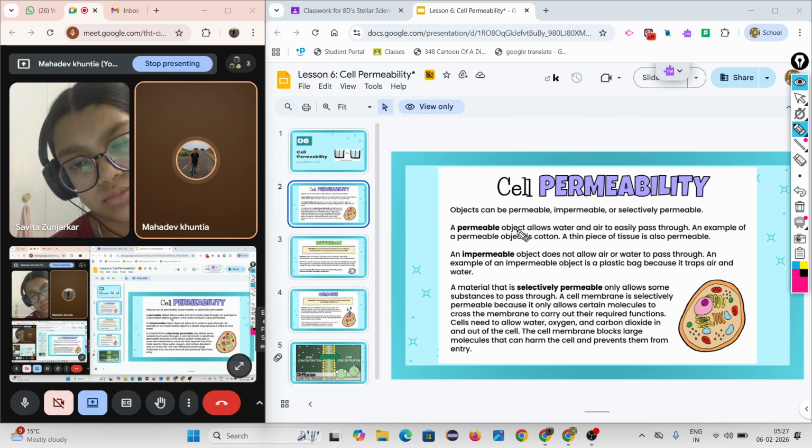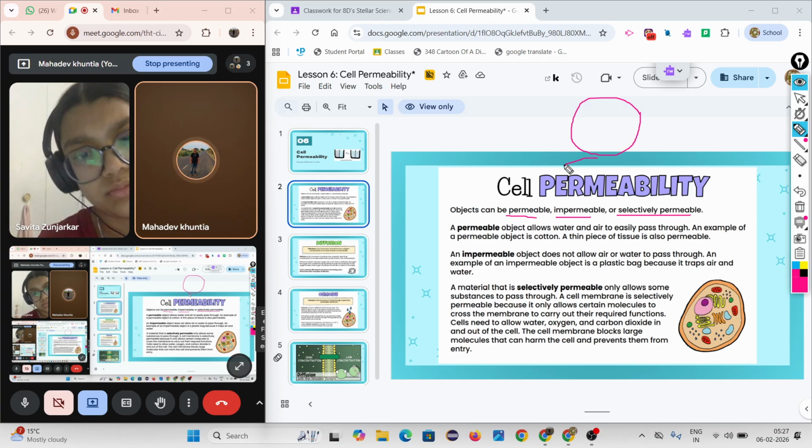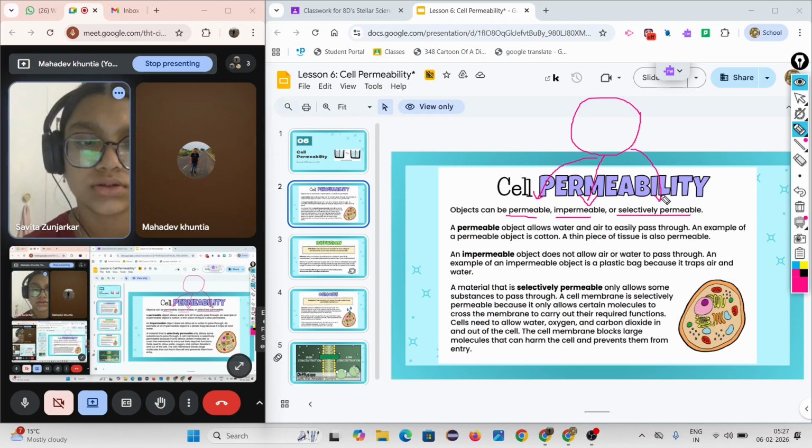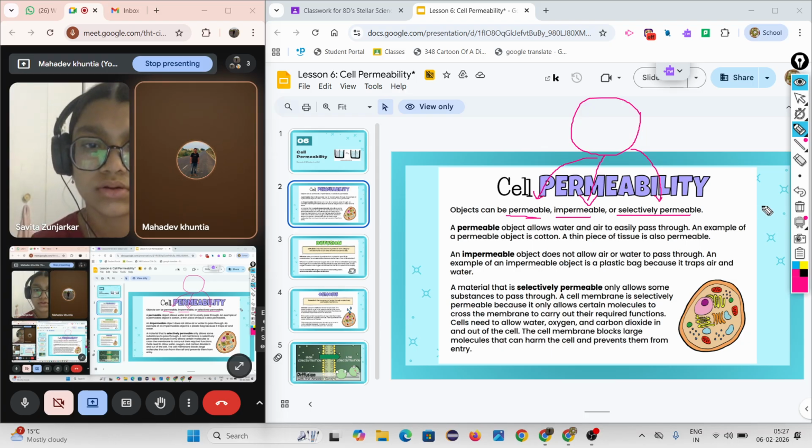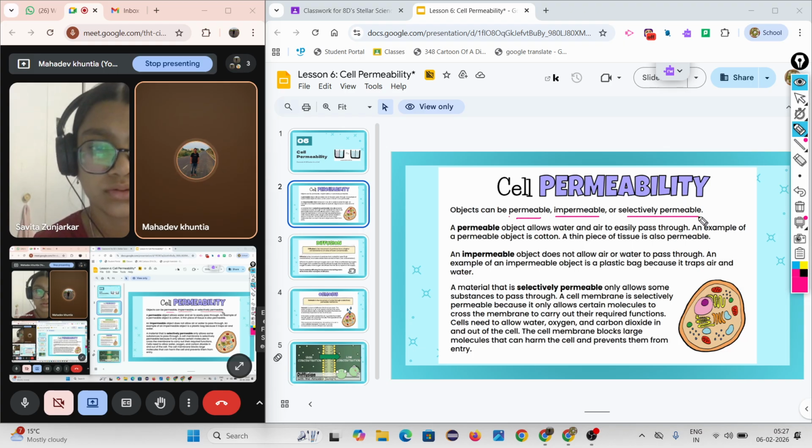Look, you have three options: permeable, impermeable, selectively permeable. Does your plasma membrane come under a permeable membrane, an impermeable membrane, or a selectively permeable membrane? Do you understand my question? Read the definition. An object can be permeable, impermeable, or selectively permeable.